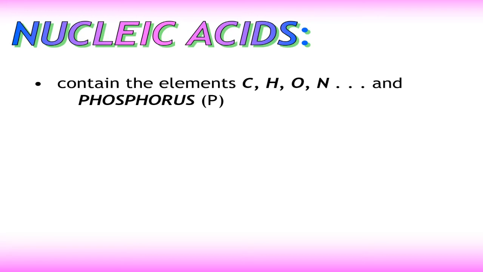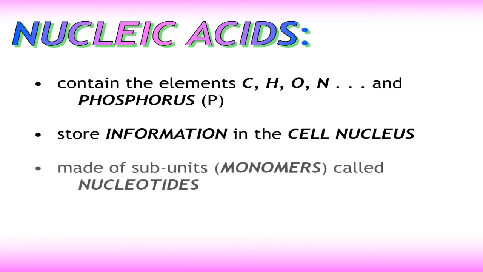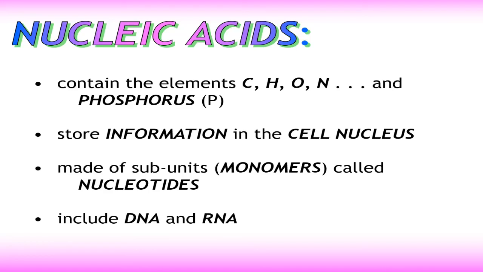Nucleic acids were first discovered in the cell nucleus. We now know that they're inside there in order to store information. That's a safe place to store the information. We know that nucleic acids are made of building blocks, monomers, that are called nucleotides. And of course, they include DNA and RNA.